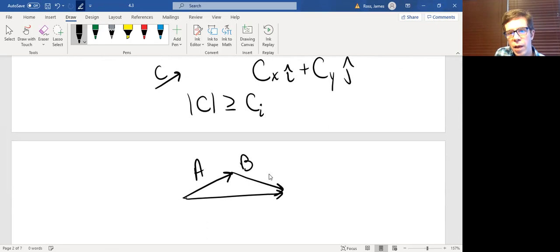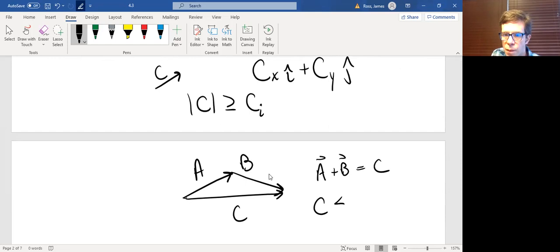If we say A, B, add to C, then C is less than or equal to the length of A plus B. Right? And the only way that it could be equal is if they were all in the same direction.